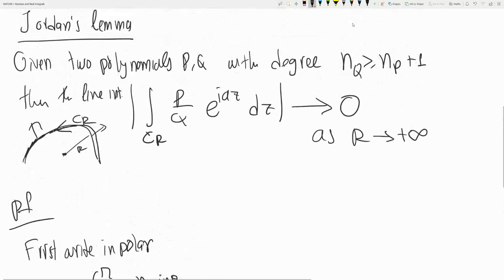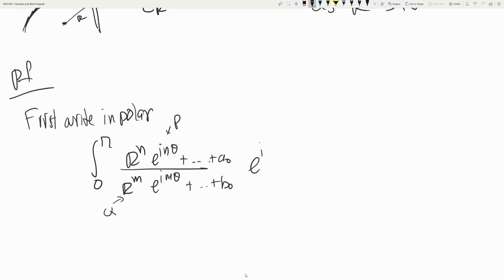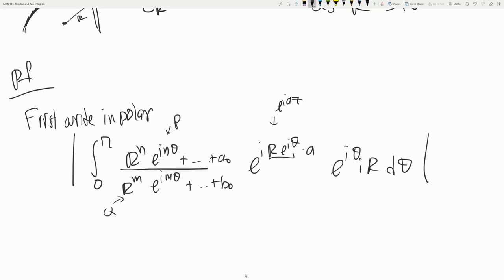So this is m, and this is n, and this is Q and this is P. Then we have e to the i R e to the i theta times A, which is the e to the iz term, and then i R d theta.